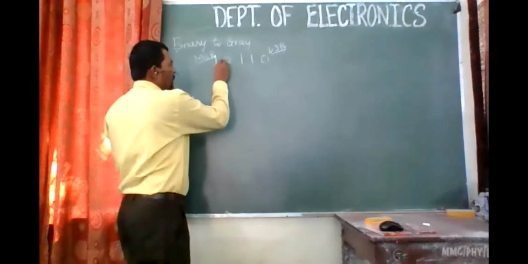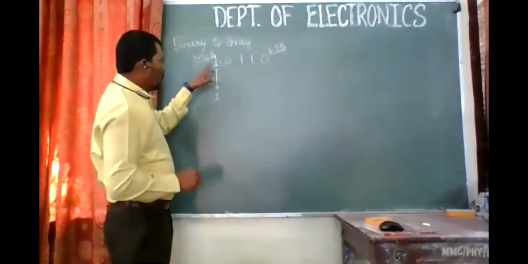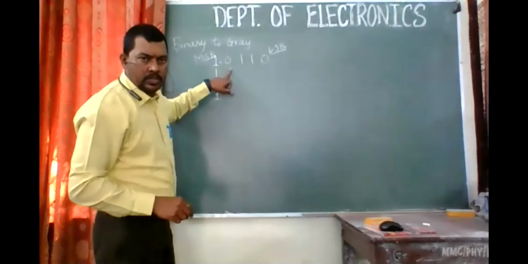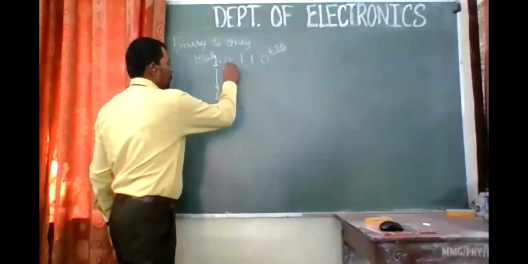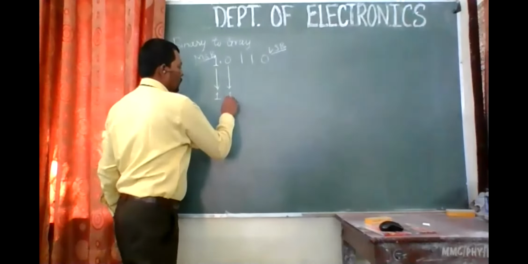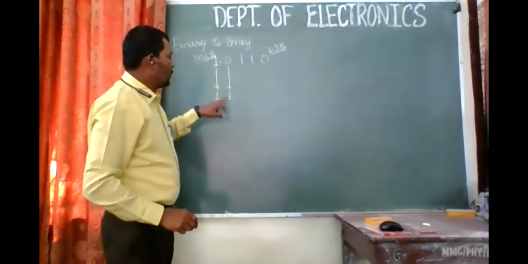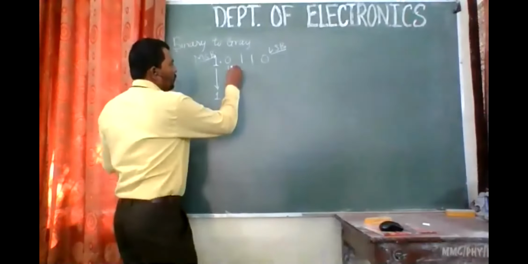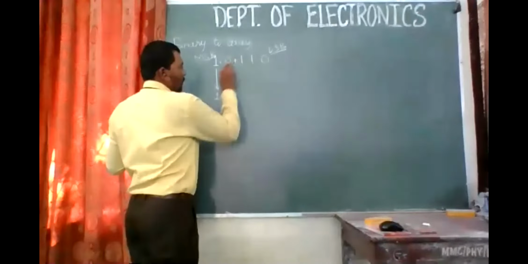Now we'll add this MSB with this bit, right? So 1 plus 0, the output will be 1, and we will go on doing that. Again, we need to add this 0 with this 1.